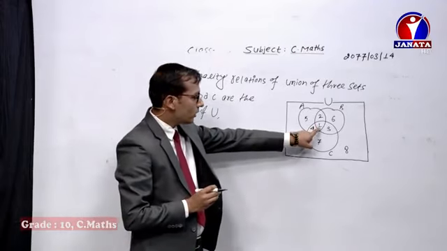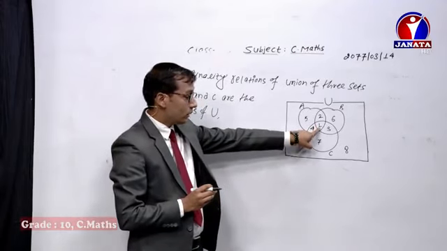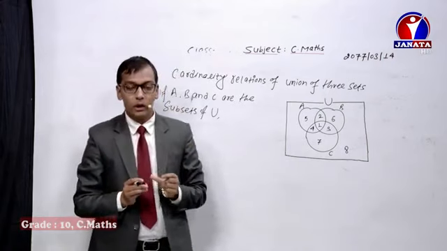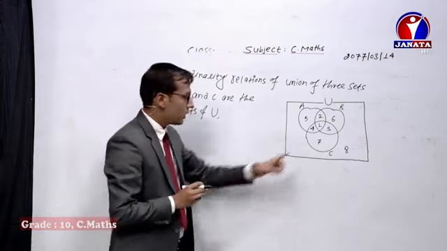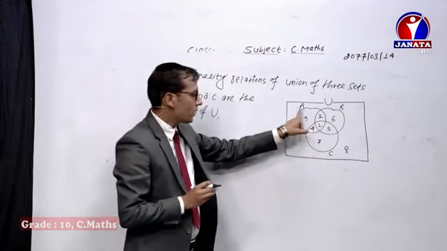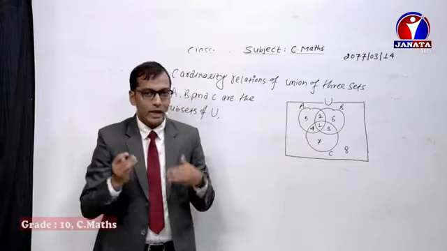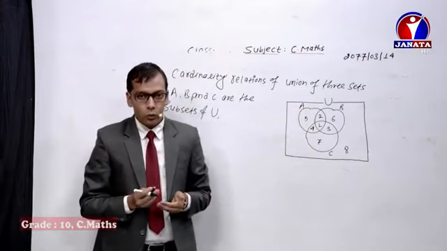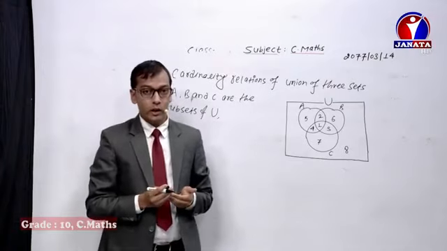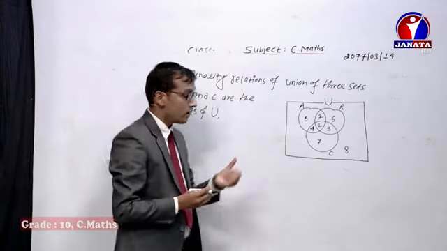Number 1 is the intersecting region of all three subsets. This is the common region of all three subsets A, B and C. Like in two sets, by what symbol do we denote the intersecting region?